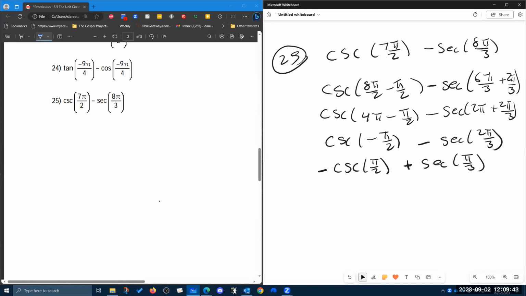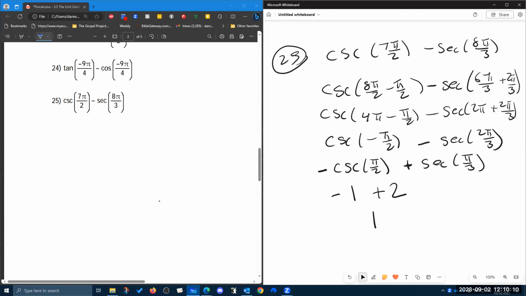And now I have my reference angles to deal with. For pi over 2, the sine value is 1, and the reciprocal of 1 is 1. Secant of pi over 3: well, cosine of 60 degrees is 1/2, and the reciprocal of that is 2, and negative 1 plus 2 is 1.